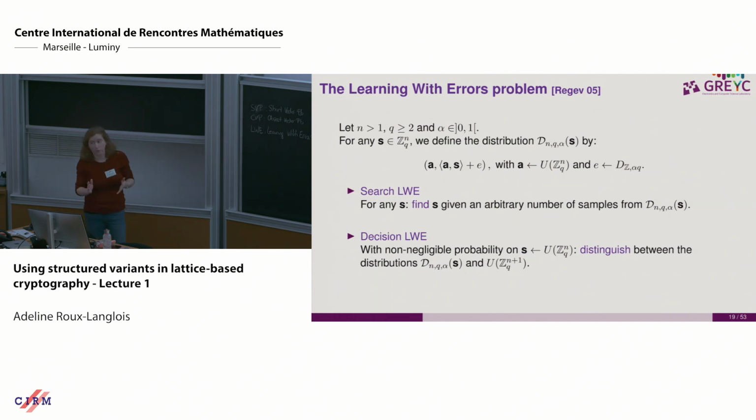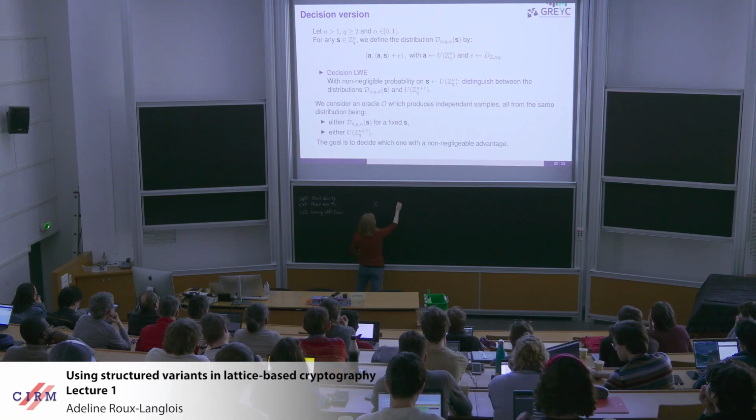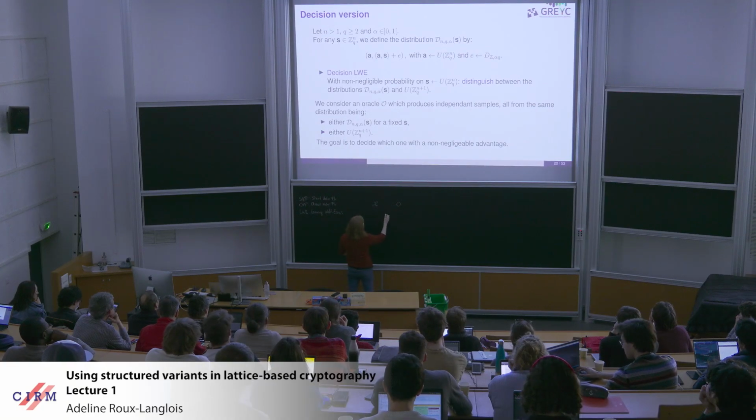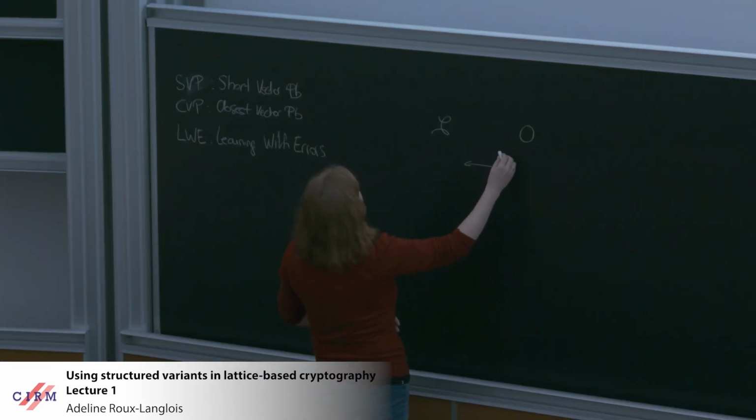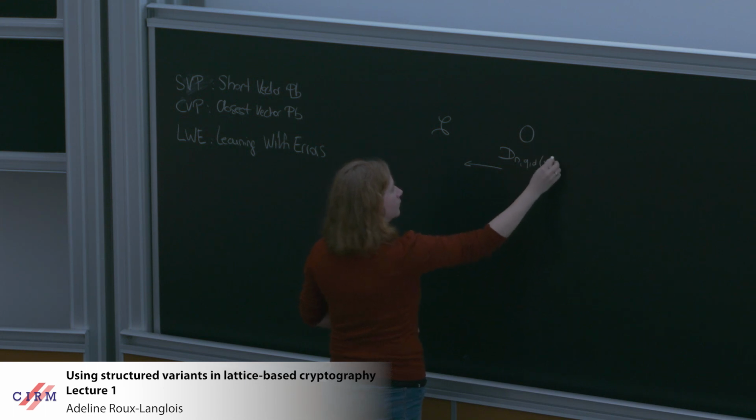That's the search version. The decisional one is: now I want you to distinguish between samples from this distribution and uniform samples. What does it mean? It means that you have a kind of game with an oracle. So you have a challenger and an oracle, and the oracle will give you either elements from the distribution, or uniform elements.